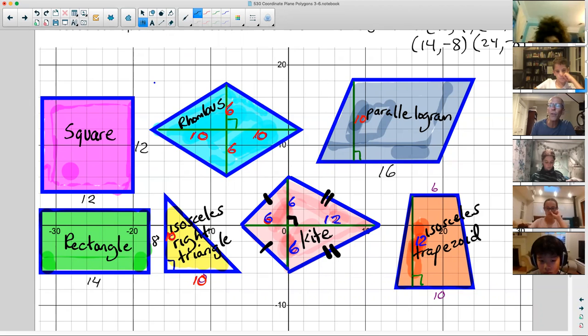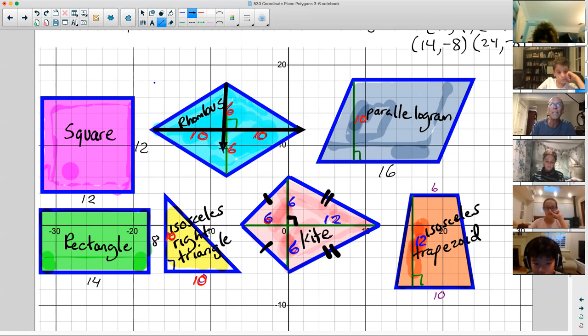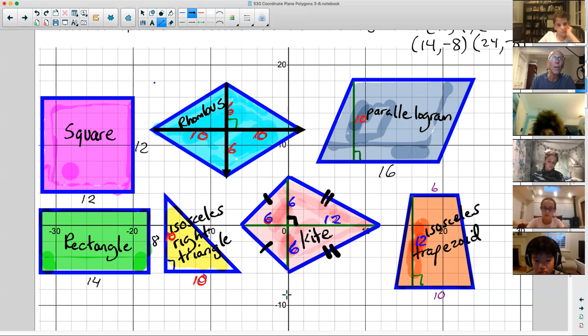I'm going to go with Isabella first. Is it a rhombus? And guys, everybody look at it. All rhombuses or rhombi will form a right angle for their diagonals.